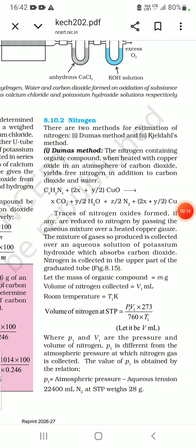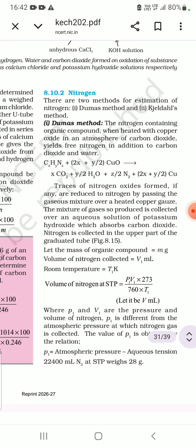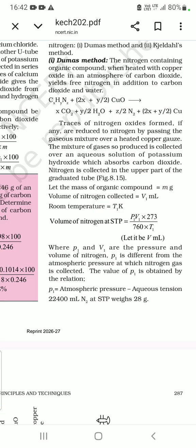CuO, when heated with the nitrogen containing compound, gives N2, which is the free nitrogen, CO2 and water, and nitrogen is collected in the upper part. Next, volume of nitrogen collected at STP is P1 V1 into 273 upon 760 into T1.